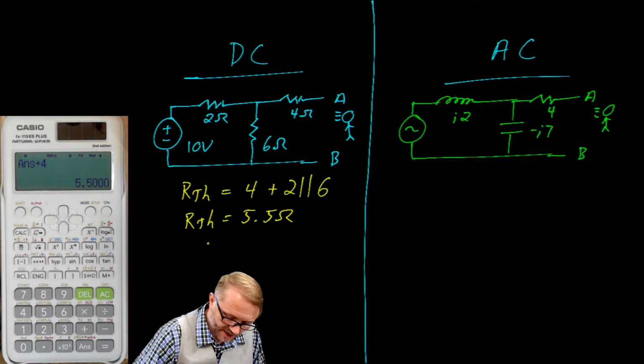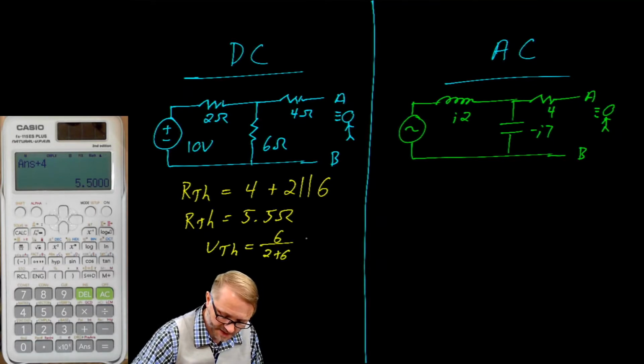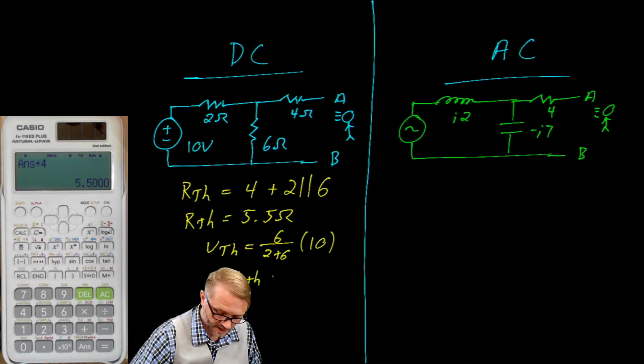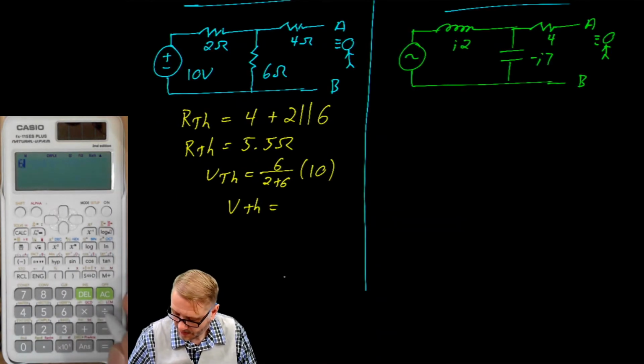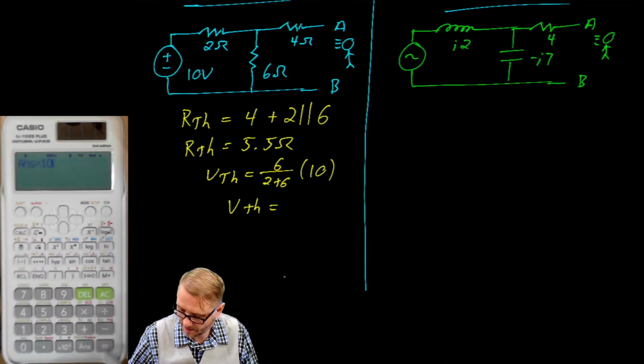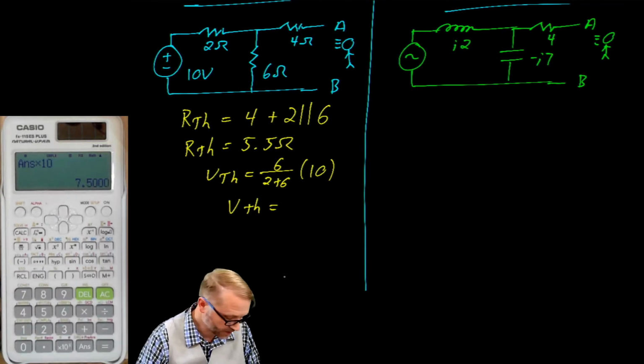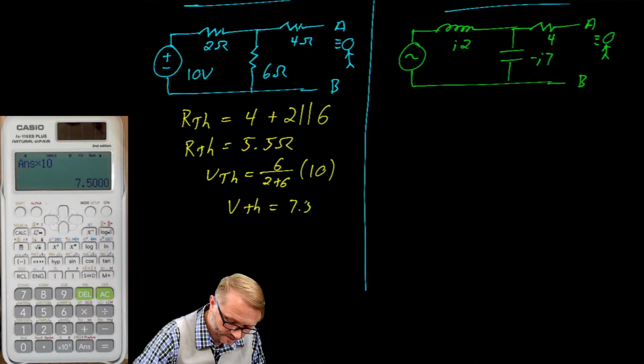Using the voltage divider, the Thevenin voltage is equal to 6 over 2 plus 6, all multiplied by 10, giving a Thevenin voltage of 6 divided by 8 times 10, which is 7.5 volts.